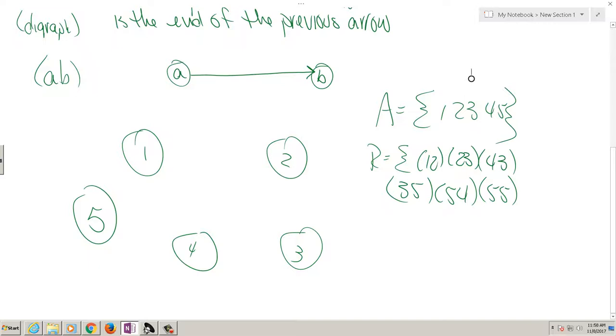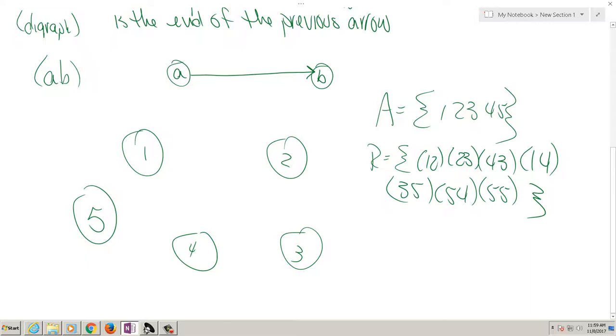So we have 1, 2, 2, 3, 4, 3, 5, 4. Oh, and 1, 4. We're missing 1, 4. So how many ordered pairs do I have in this particular relation? 7. 1, 2, 3, 4, 5, 6, 7. I think 7. All right, here we go.